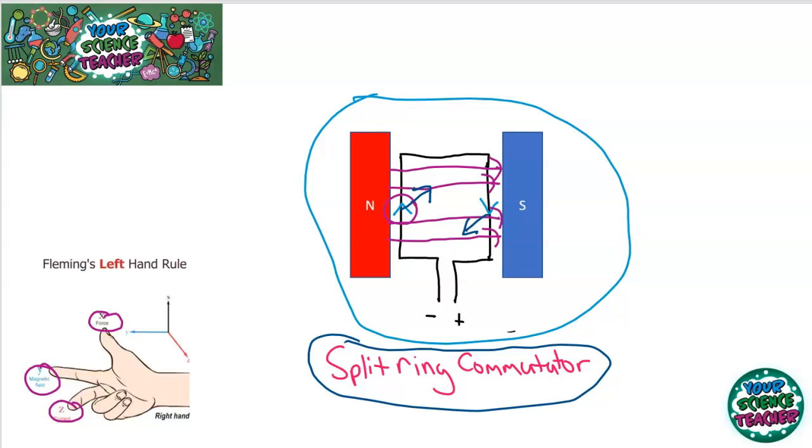Without the split ring commutator, it would just keep flicking back and forth from its original position to halfway round. Using the split ring commutator, you can keep finishing your loops and it will keep turning in the motor.